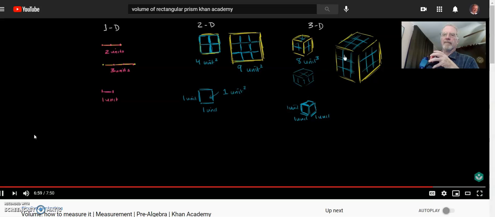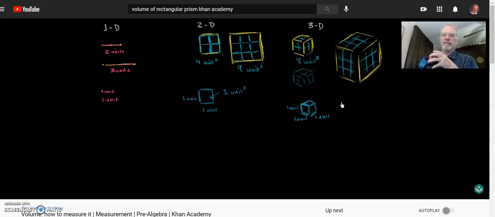And so if we were to try to take this apart, you'd have a stack of 3 sections that would each look something like this. So if you took 3 of these and stacked them on top of each other, you would get this right over here. And each of these has 1, 2, 3, 4, 5, 6, 7, 8, 9 cubes in it. 9 times 3, you're going to have 27 cubic units in this one right over here.